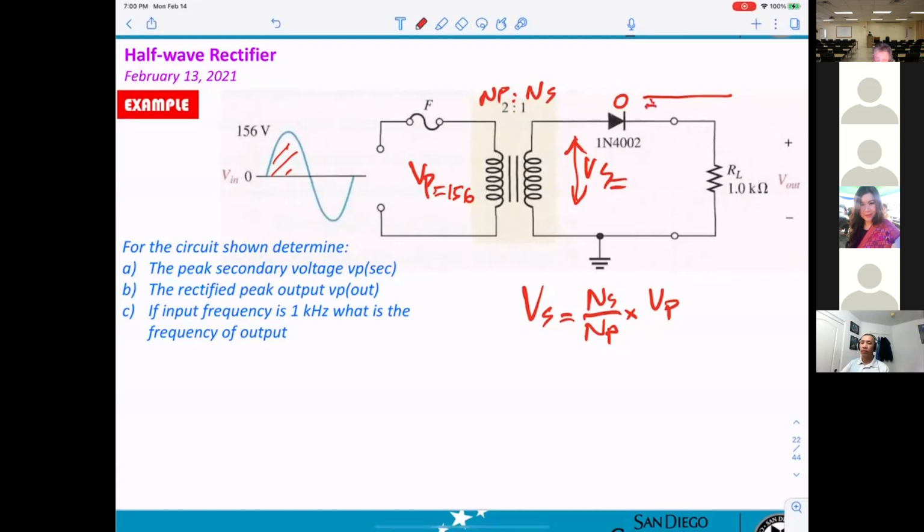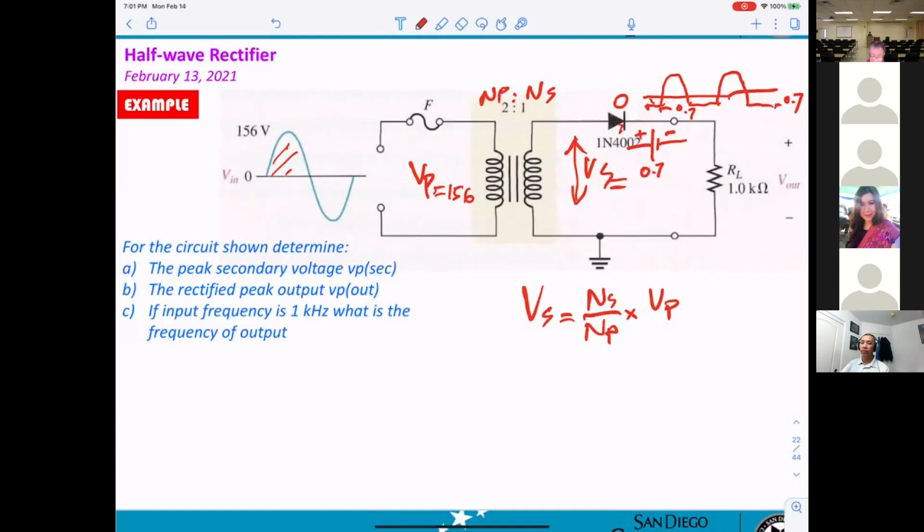However, what will it look like? What's the value here? Is that because of 0.7 minus 0.7? The thing is, when positive, the diode will be on. Diode will be on. You must substitute the diode by the battery. Positive on this side, negative on this side, and 0.7. So that's why you're going down minus 0.7.